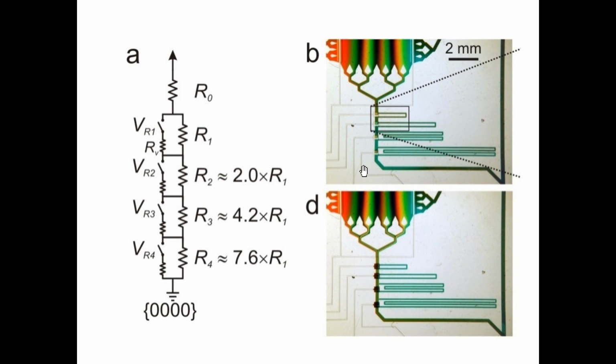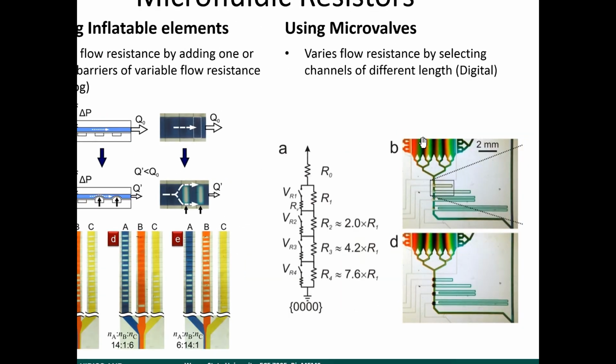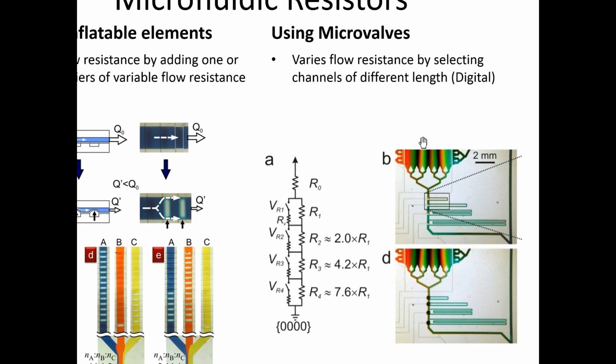Because if you have 4 sub-channels and each one of those channels can be turned on or off, then you can have a total of 16 different combinations of which channels it's going through versus which channels it's not. So you can get 16 possible resistances there. So this is a digital control of flow resistance.